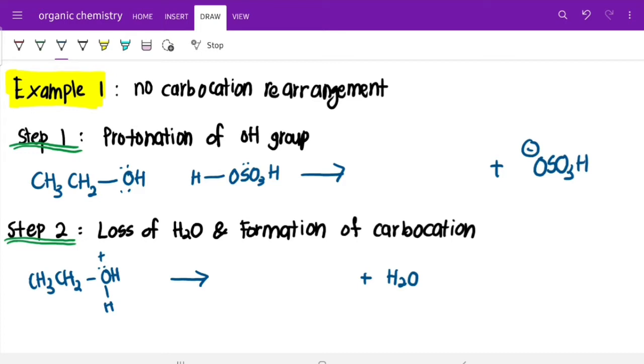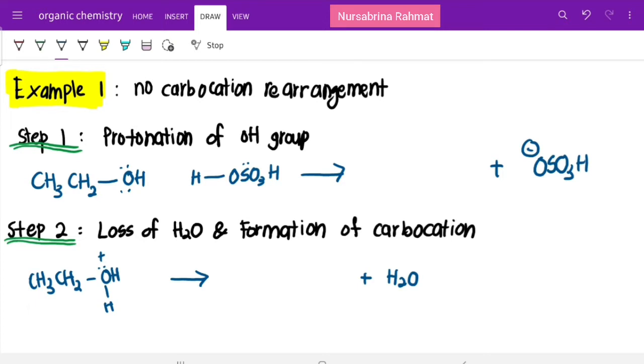Please refer to your lecture note on how to write down a correct and balanced chemical equation for these dehydrations of alcohol. In this video I will just explain to you how to show the reaction mechanism for the formation of alkenes using these dehydrations of alcohol.